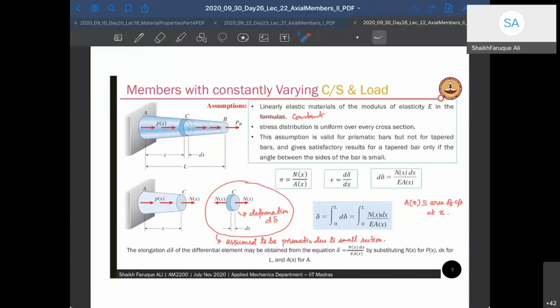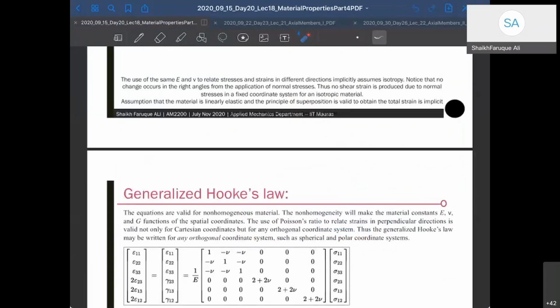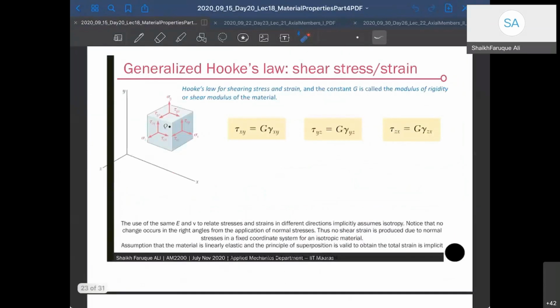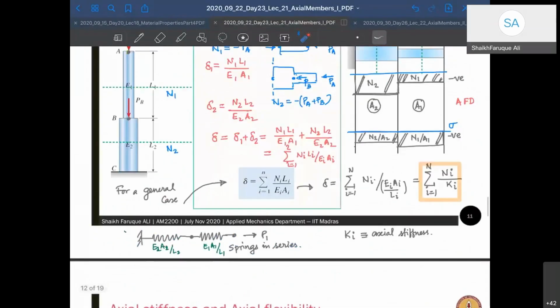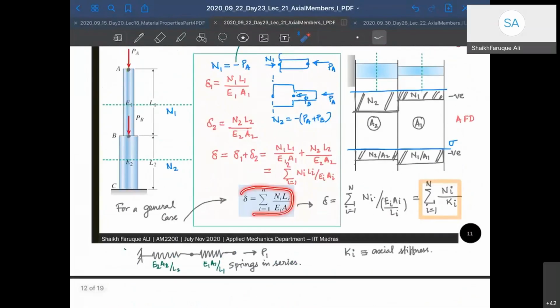What should you do? How do you find the deformation in a structure whose area is constantly changing? One way is very simple: you have this formula. Now we are saying the cross section is constantly changing, so L is very small in that case. Li is almost like del L, and Ai is also changing, becoming a function of x.